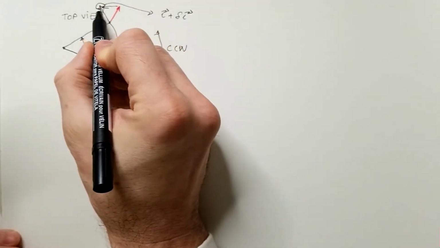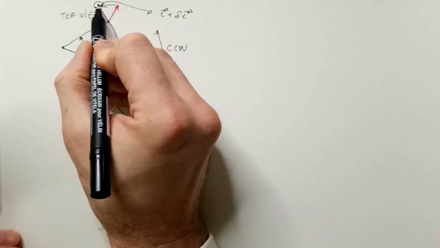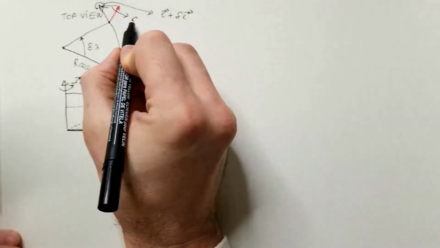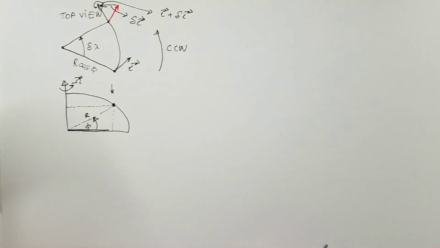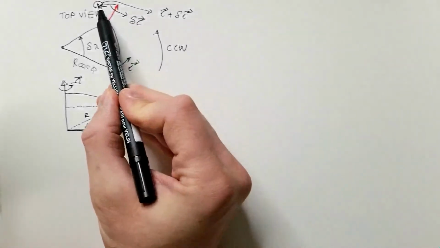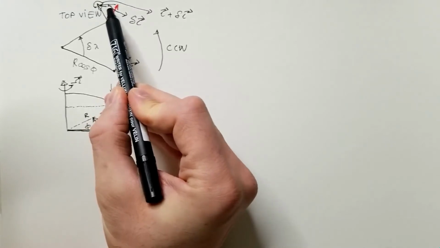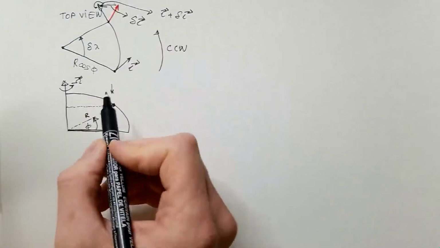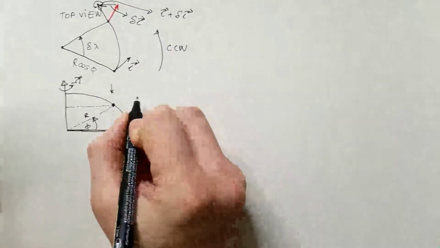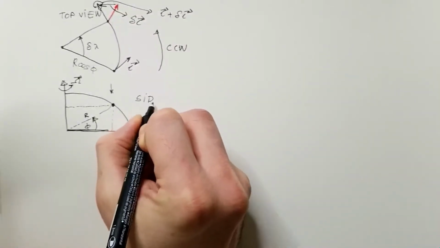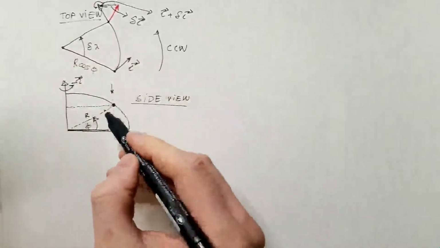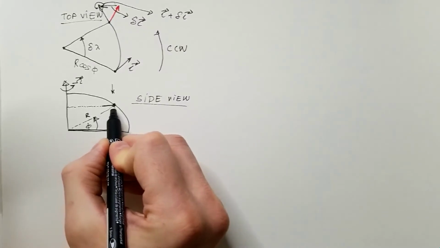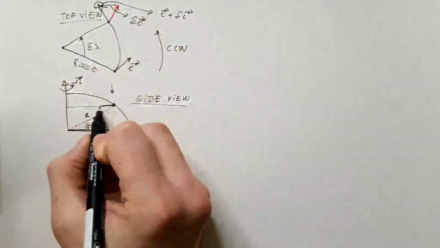I messed up, so this vector over here is I plus delta I, and this vector over here is delta I. Now notice that this vector delta I is pointing towards the axis of rotation, not away, which means on this side view picture, this would be that vector delta I.